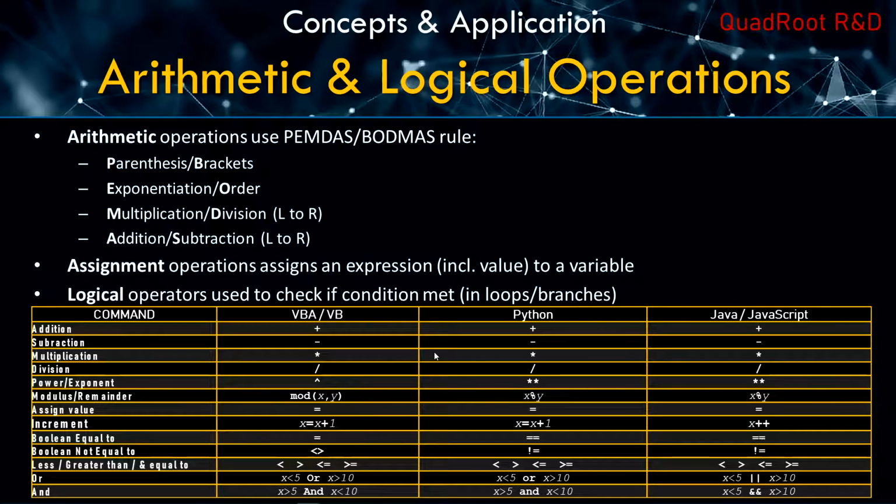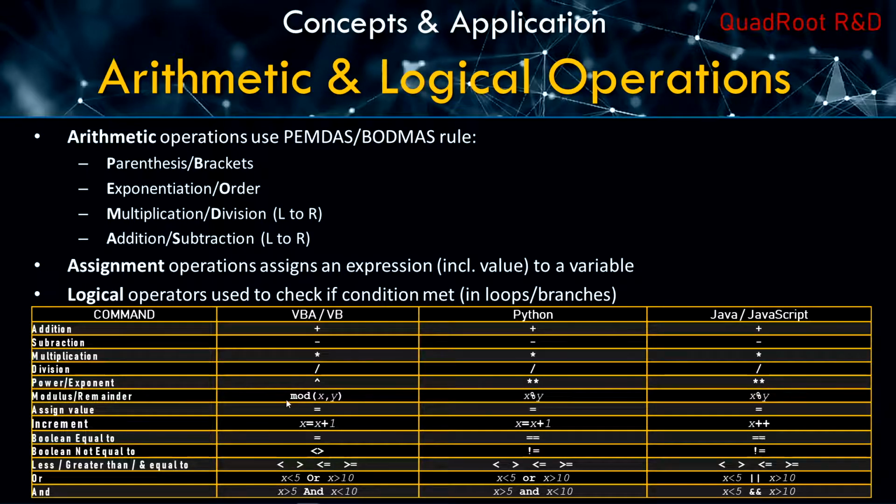For addition, subtraction, multiplication, and division, they're pretty standard across programming languages and in these three languages. So it's plus, minus, star for multiplication, and / for division. For exponentiation, it's the hat symbol for VBA. It's double star for Python and JavaScript.